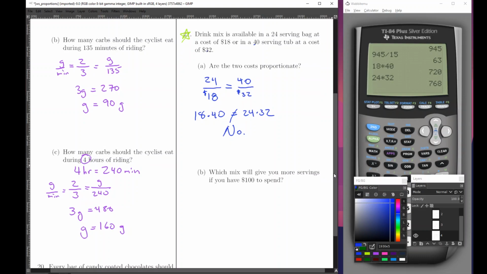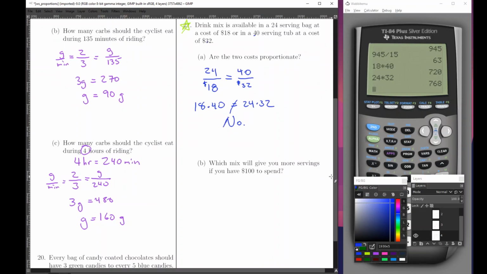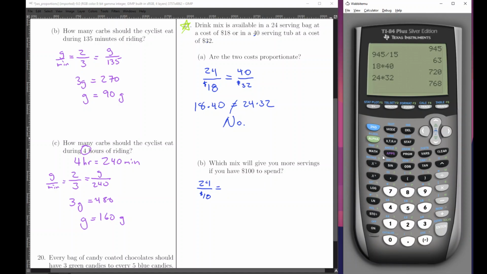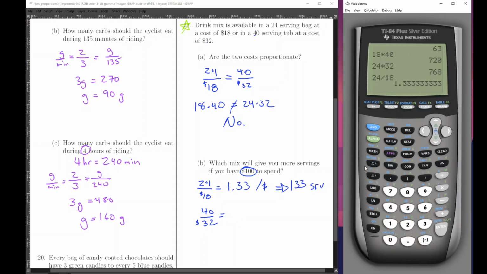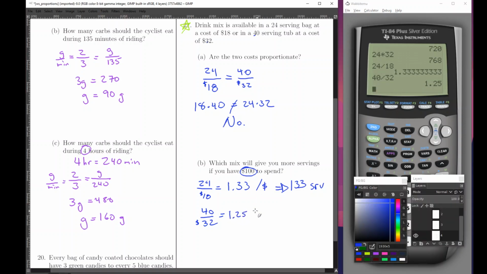Which mix will give you more servings if you have $100 to spend? Well, let's think about this. 24 servings at $18 is equal to 24 divided by 18, 1.33 servings per dollar, times 100 gets me 133 servings for that $100. 40 divided by 32, that's 1.25 servings per dollar.